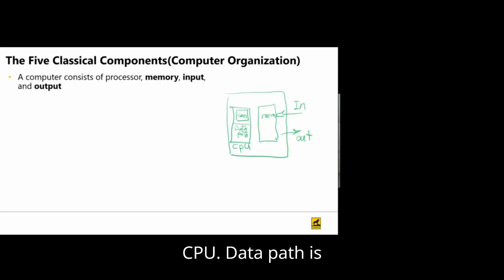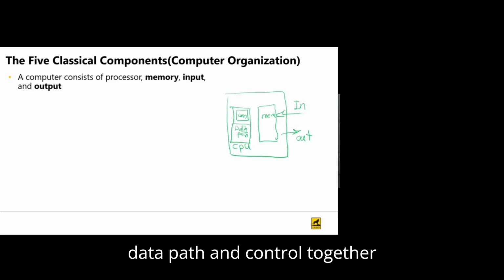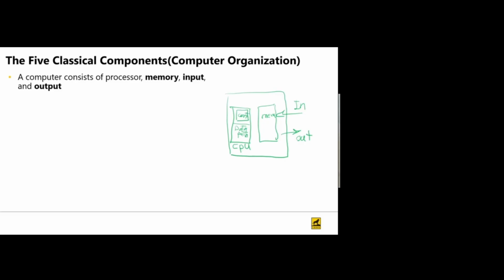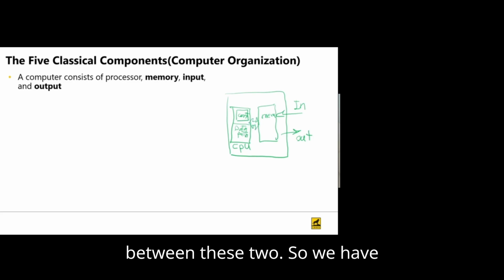Data path is also the arithmetic and logic unit. It's part of the data path. So data path and control together make the processor. This is control, this is the processor, and we have a connection between these two.